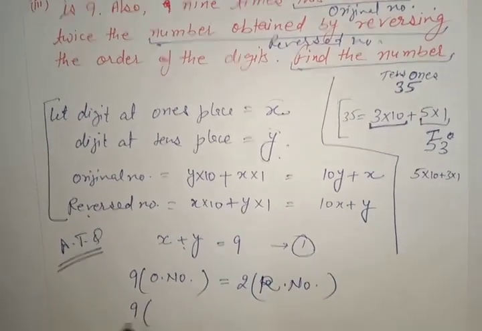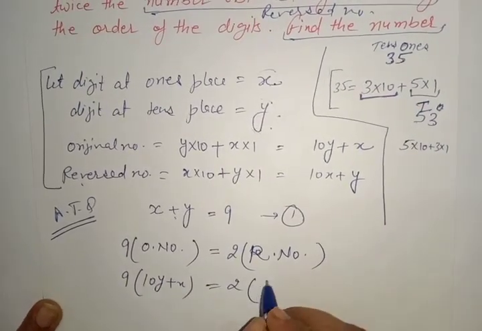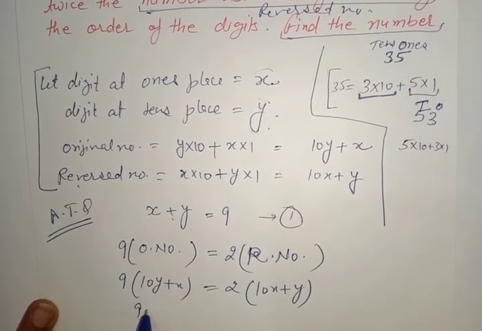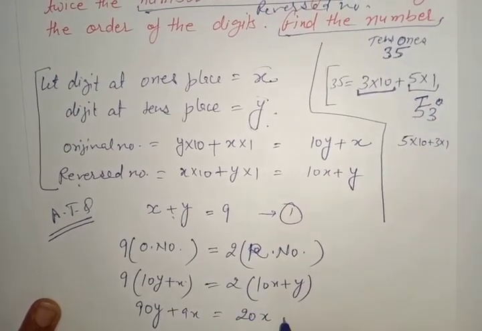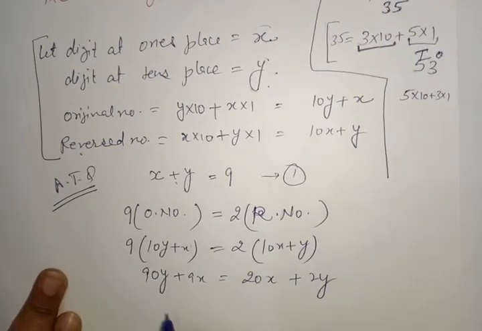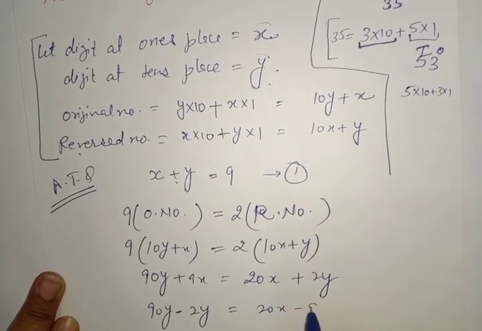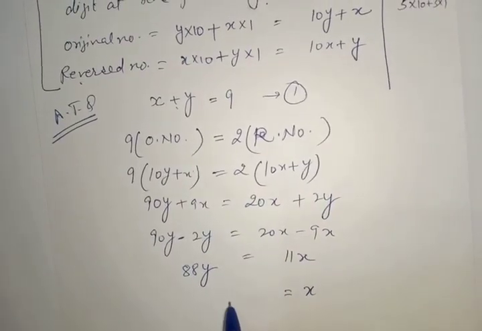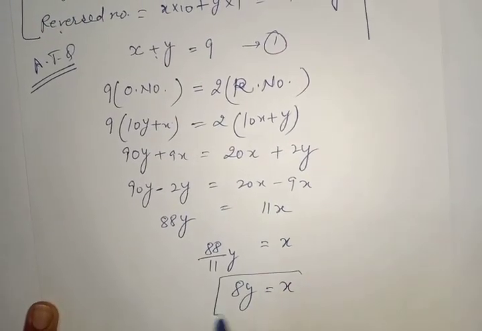So 9 times the original number, which is 10y plus x, and the reversed number is 10x plus y. Solve it. It's 90y plus 9x, then 20x plus 2y. Shift x on one side, like terms on one side. So we'll get 11x is equal to 88y, or we can say x is equal to 88 by 11 y, or x is equal to 8y.